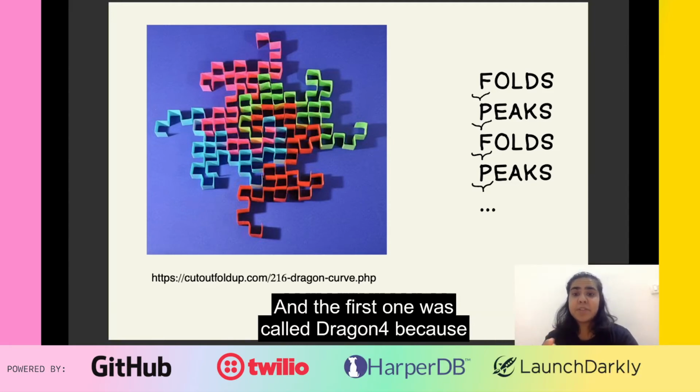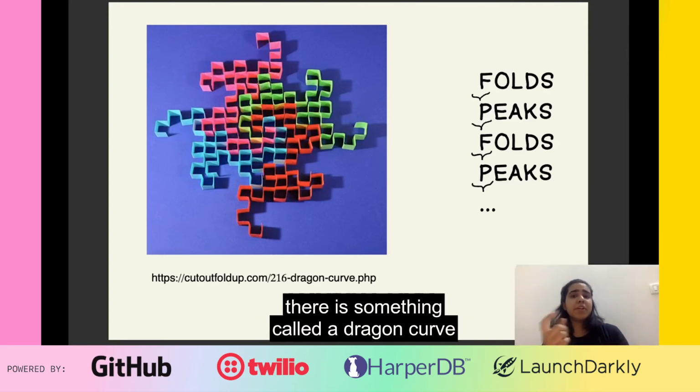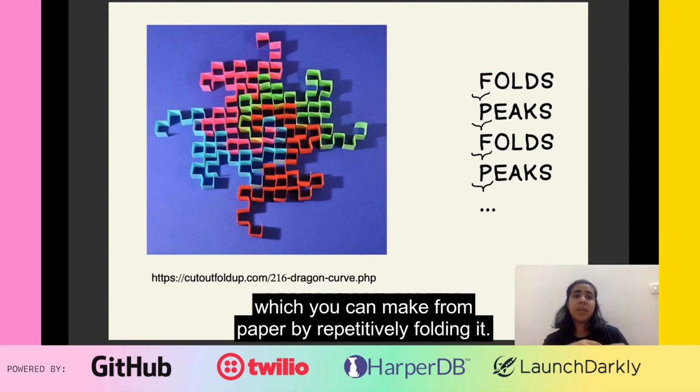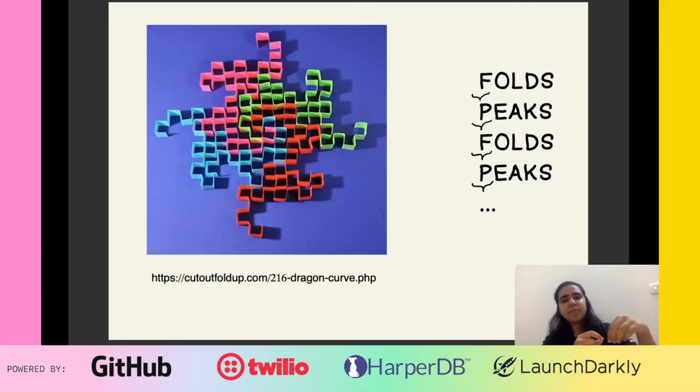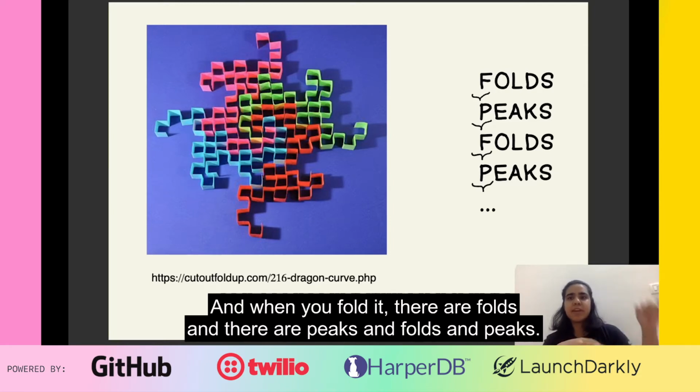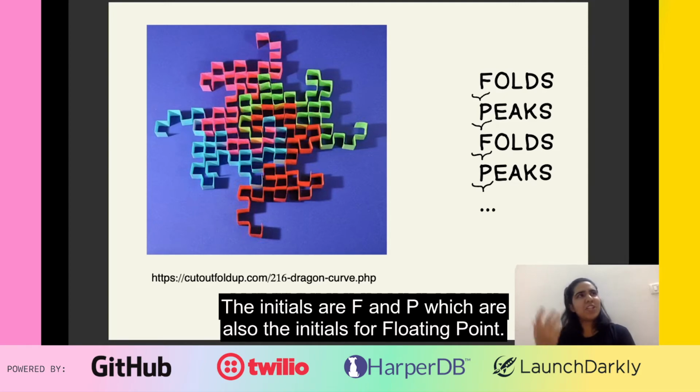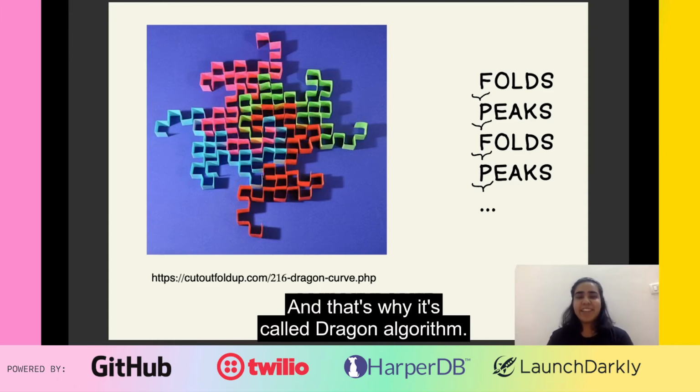The first one was called Dragon 4 because there's something called a dragon curve, which you can make from paper by repetitively folding it, and when you fold it there are folds and peaks, and the initials are F and P, which are also the initials for floating point. That's why it's called a dragon algorithm.